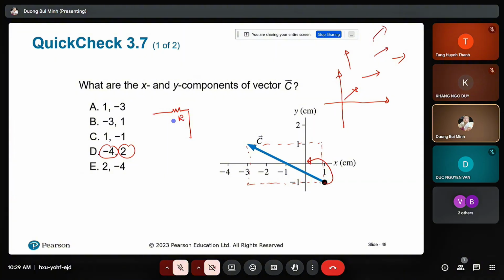You with me? So if I use a reference axis, this is the x-axis and this one is the y-axis, you get vector V1.